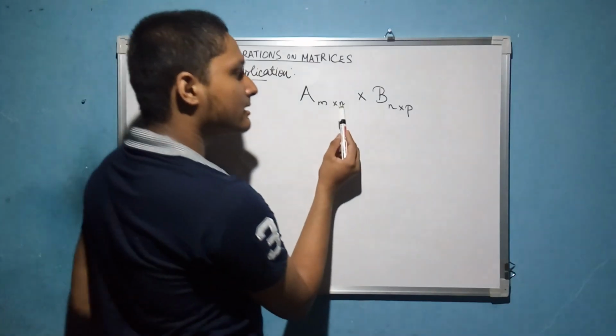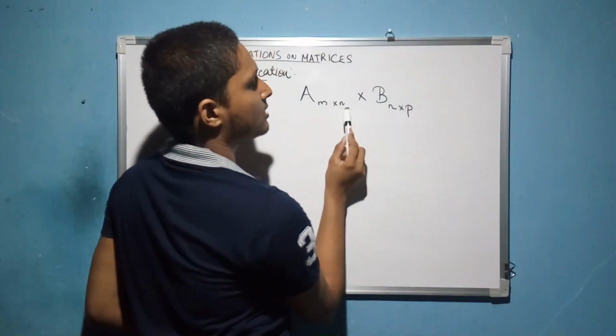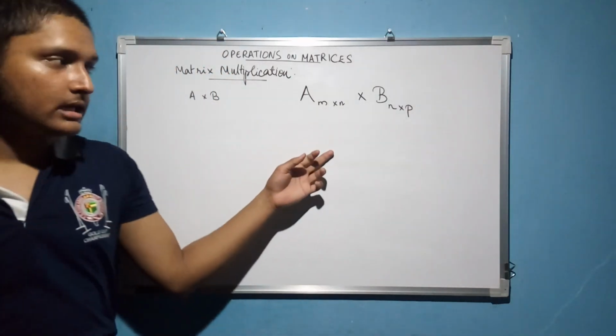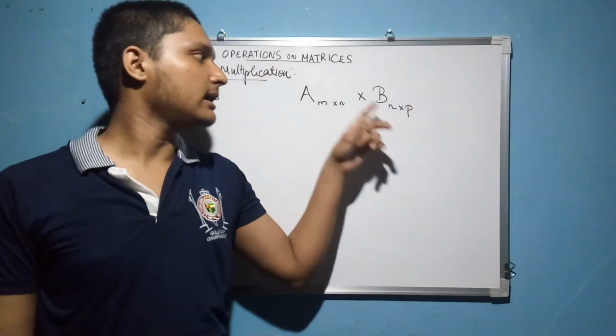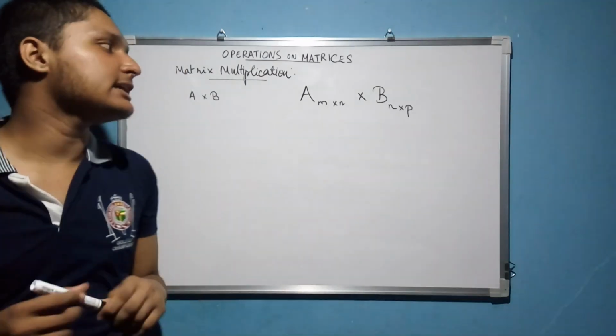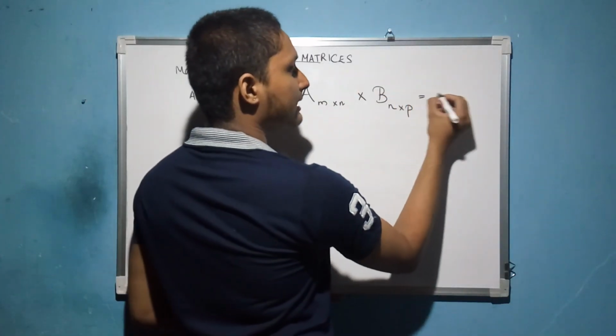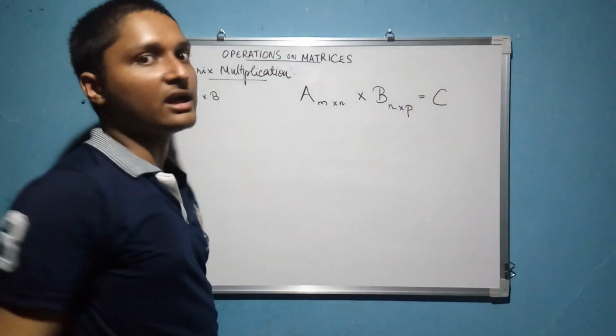The speciality here is that n is here n. So the number of columns in A is equal to the number of rows in B. In such a case, what will be the product that we are going to get? Let me consider the product to be C.